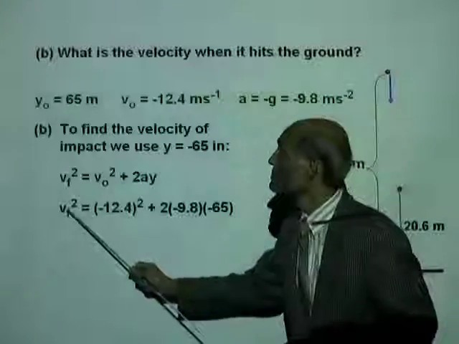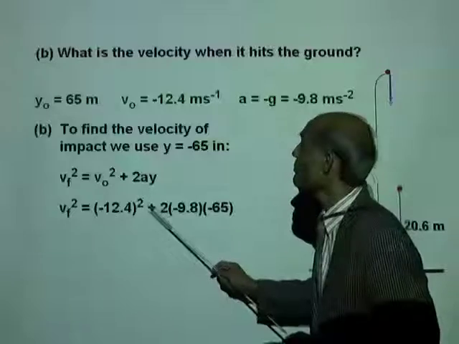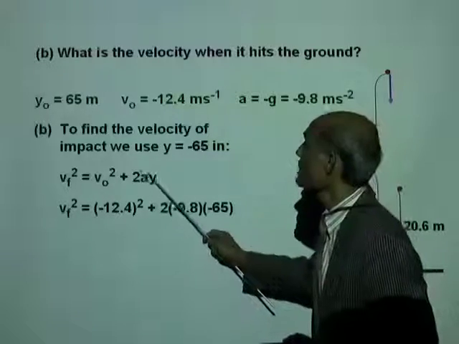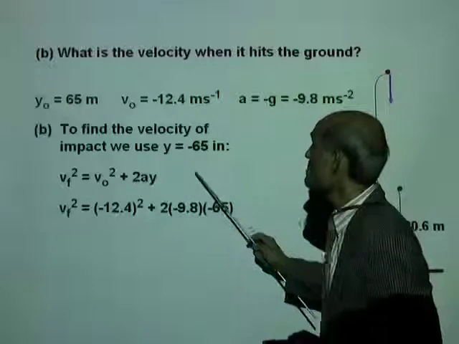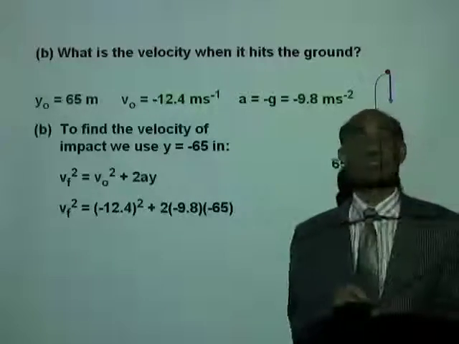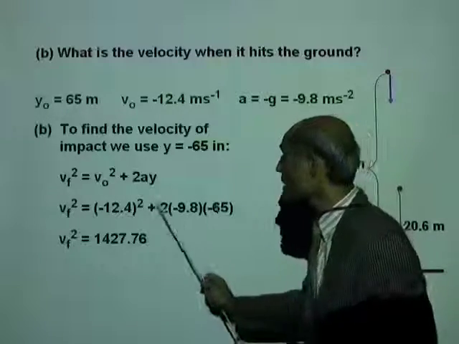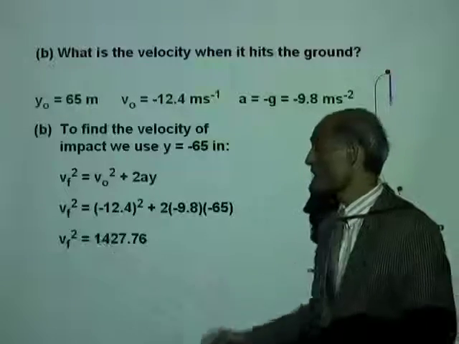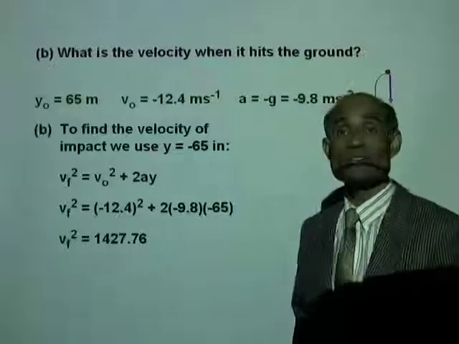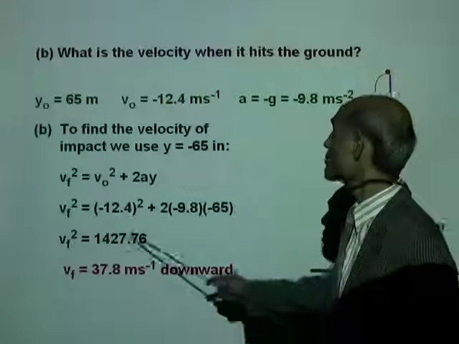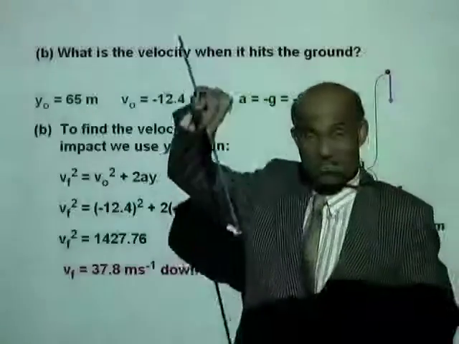Alright, that gives you Vf squared is V0 squared, negative 12.4 squared, plus 2 times, in place of a, I wrote negative 9.8, in place of y, I wrote negative 65. And you can see all this becomes positive. Vf squared is 1427.76, or Vf is square root of that. That is 37 meters per second downward.